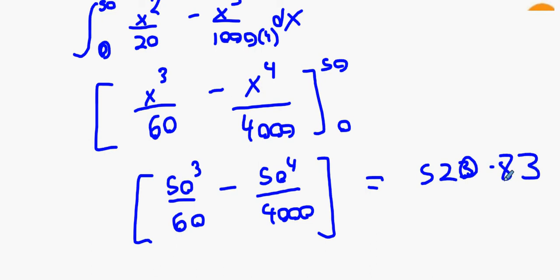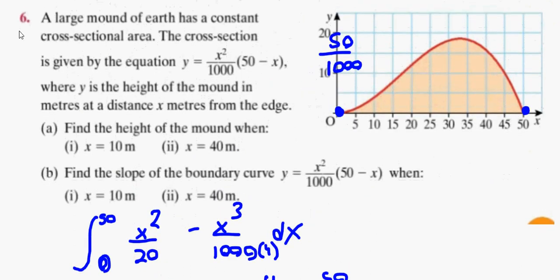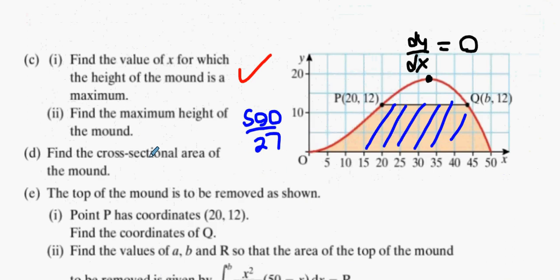That's got to be wrong somehow. Now, no, alright, it's good. 520.83. Alright, guys. Now, done. 520.83. Nice one, Daly.